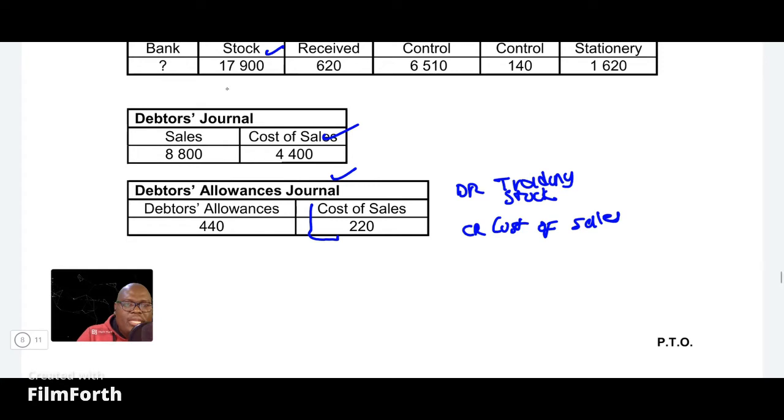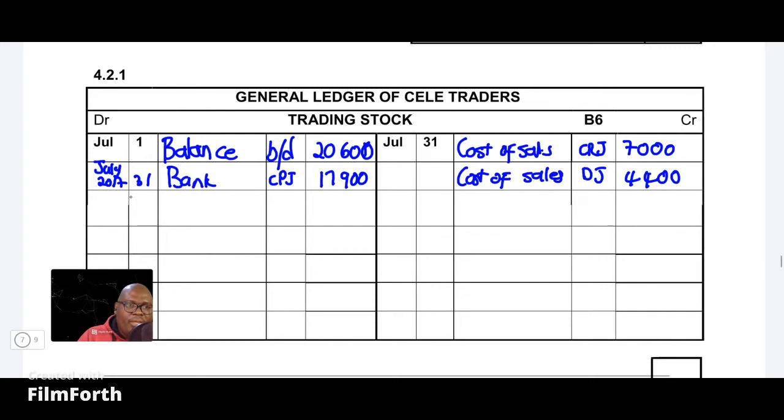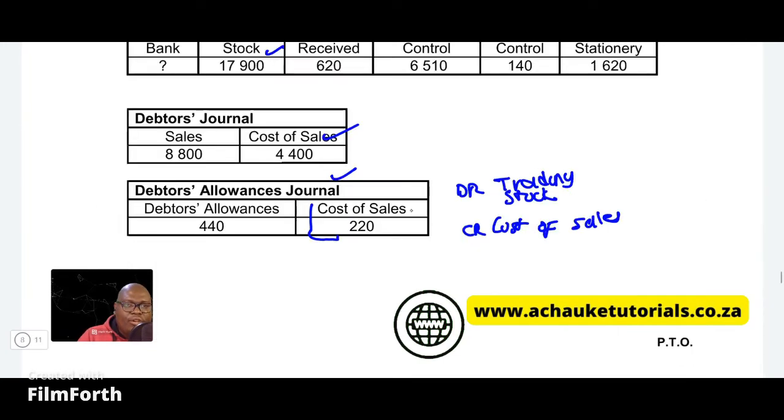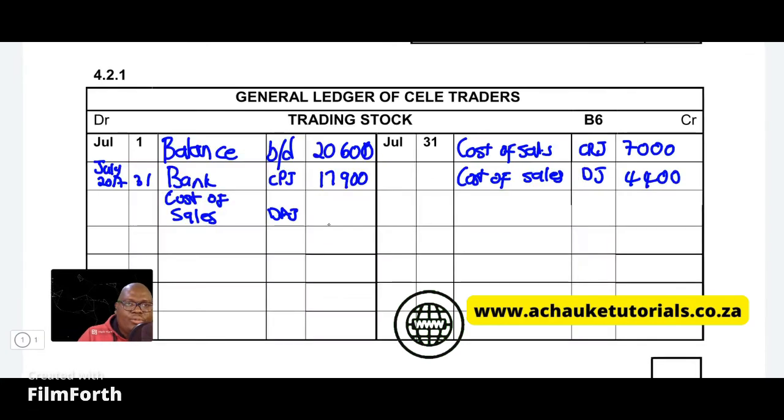So meaning that we are going to debit trading stock account by cost of sales. So we're going to have cost of sales on the debit side here. It's the same date, so we're going to just have cost of sales, and then remember this is from the debtors allowance journal, and then we would have that particular cost of sales that is given here, 200.